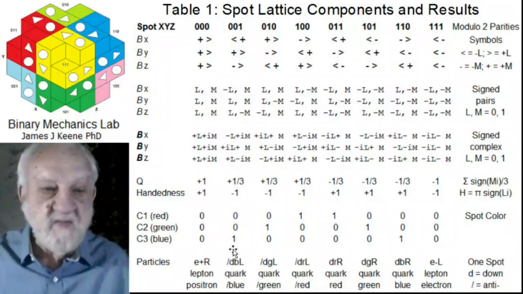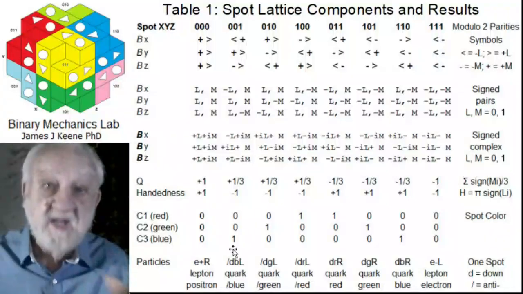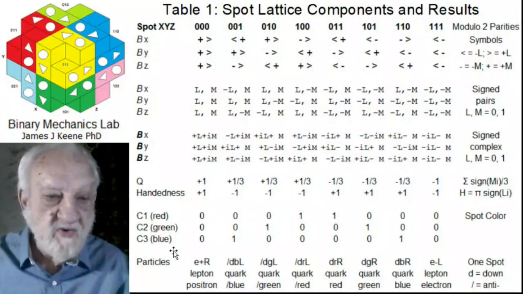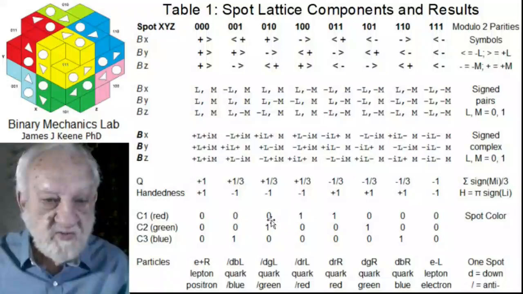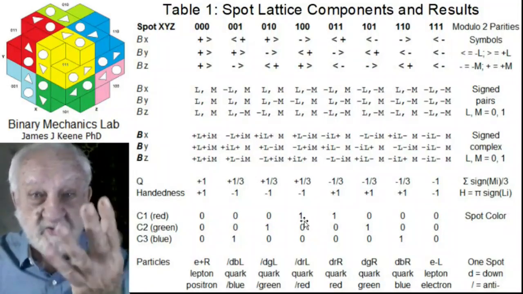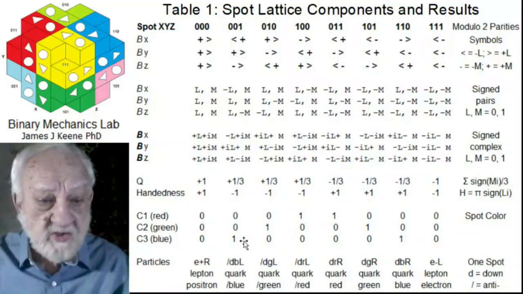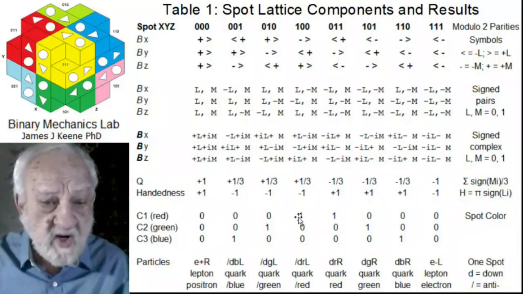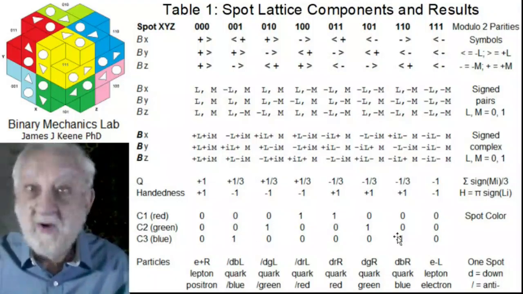In the appendix of my paper, Binary Mechanics Postulates, we also show the equations to derive four colors. A lot of particle physicists talk about three colors, but there's four. The four colors, red, green, and blue, are shown correctly here for both the antimatter and the matter particles.